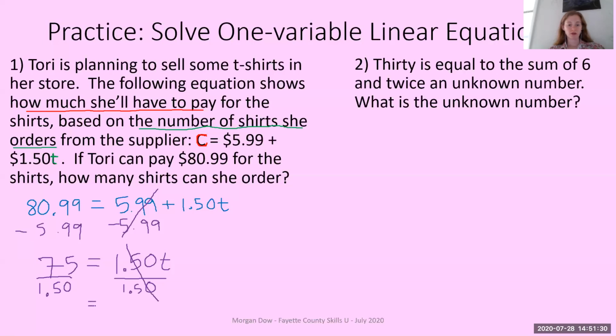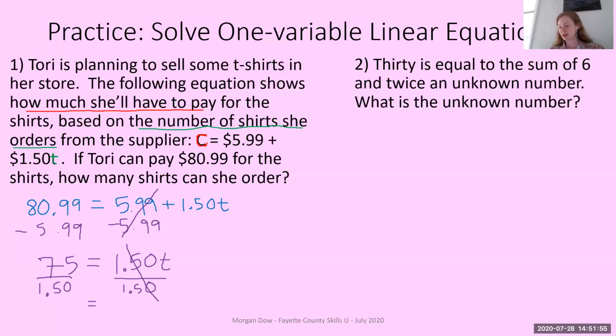However, if this was an actual test problem, it is almost 100% certain that this would show up on the calculator section of the test. And so you'd be able to use your calculator to do 75 divided by 1.5. Not because you can't do it by hand, but just because it's a little bit quicker on the calculator.